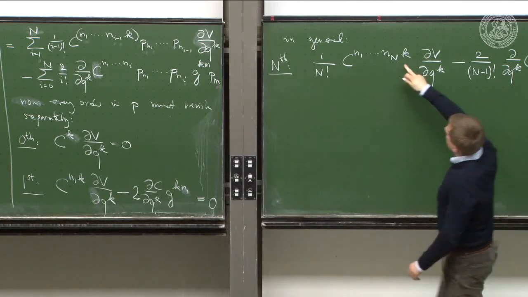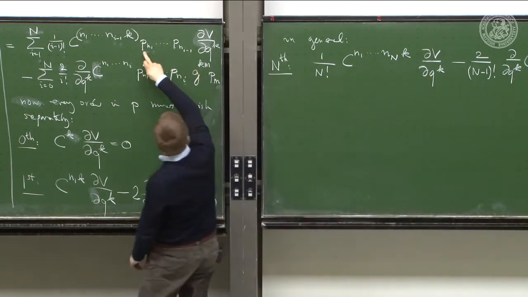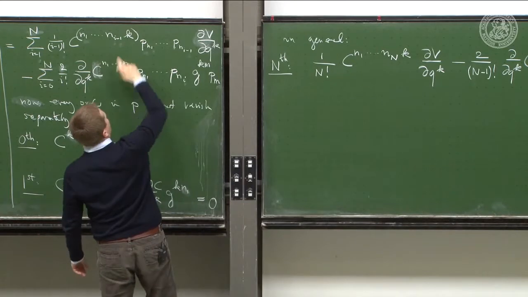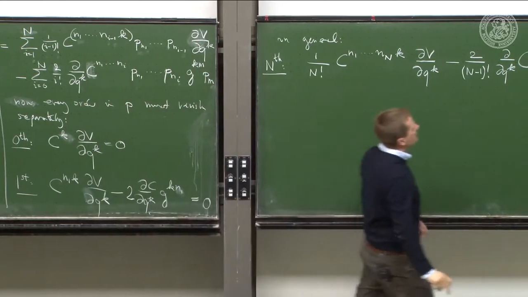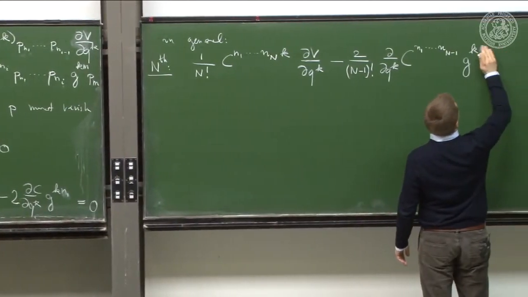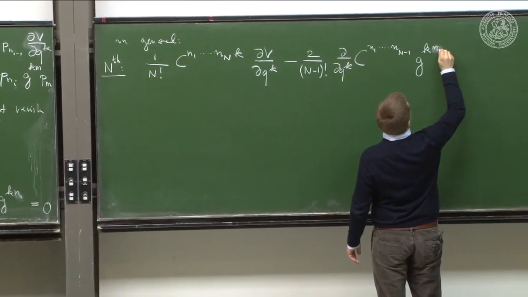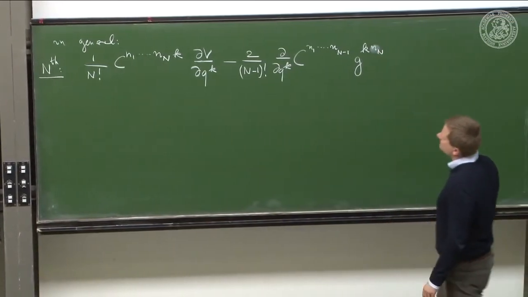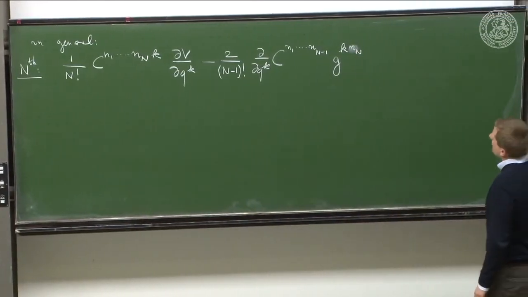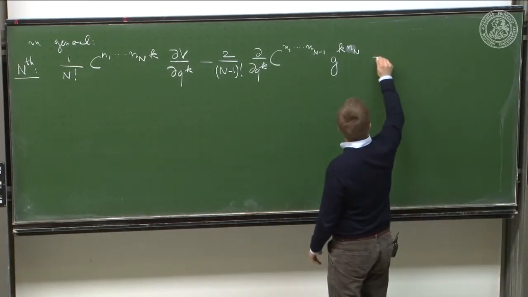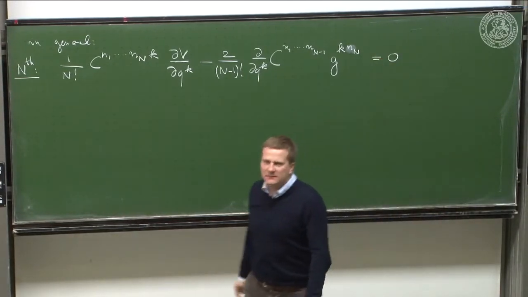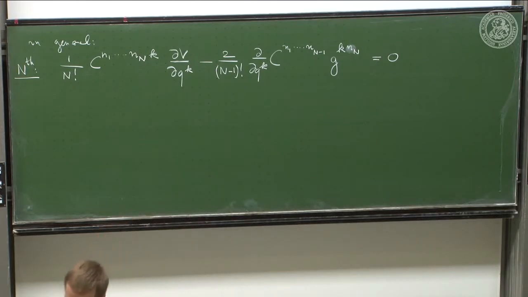But again, the p's here were all in this order n. This last one I need to bring into that same order, so I call this capital N, equals 0, and at this point we would have made a mistake. Well, it's not wrong yet, but I need to do something in this equation in order for it to be the nth order equation.